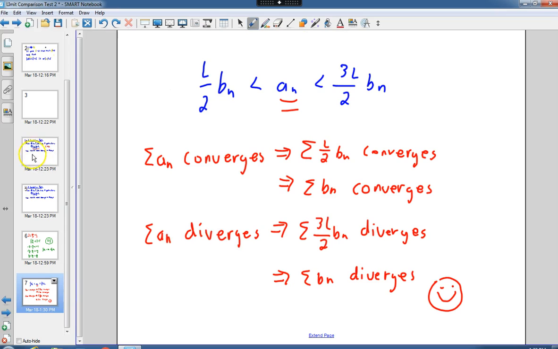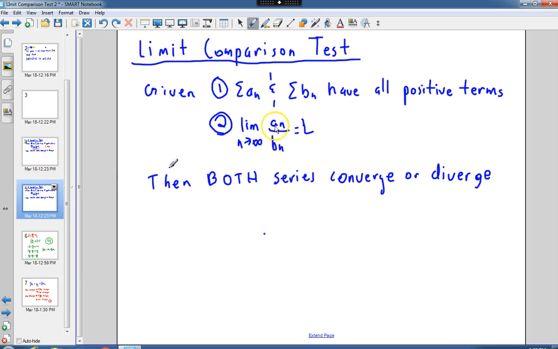And again, the basic idea is that if you perform the limit of the ratio of the general terms as n approaches infinity, and you get a limit value that is a positive constant, then the series you're testing will do exactly what your twin series does.